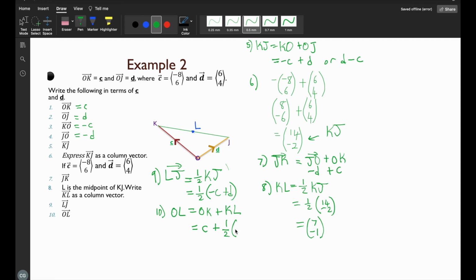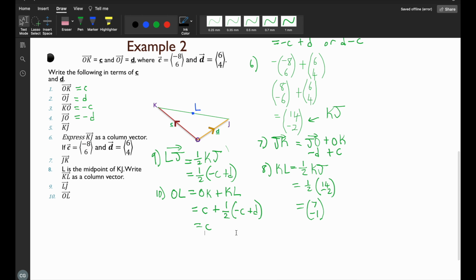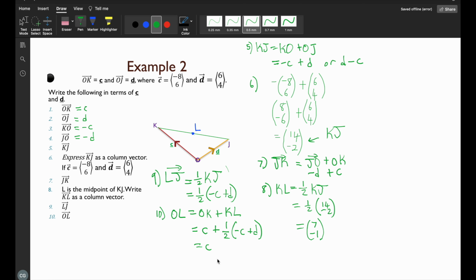KJ was minus C plus D. So we have C plus half of negative C plus D. Positive half times negative C gives minus half C, and positive half times positive D gives half D. So C take away half C is half C, plus half D. Alright, not bad, right?